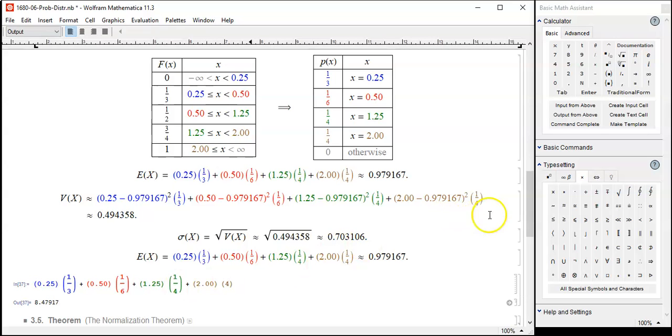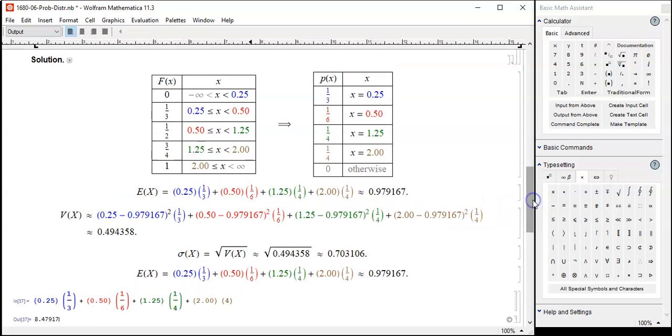8.479 something. How do I know this is ridiculous as an expected value? Well, the smallest possible x value is 0.25, the largest possible is 2.0, and there's something in between. So the expected value must be somewhere in between. This is the smallest possible, that's the largest possible. The expected value must be somewhere in between the two.